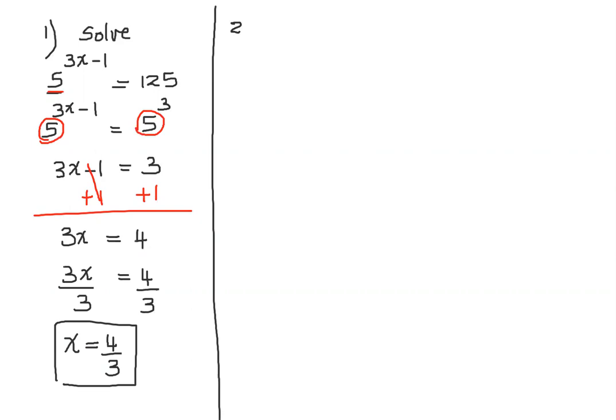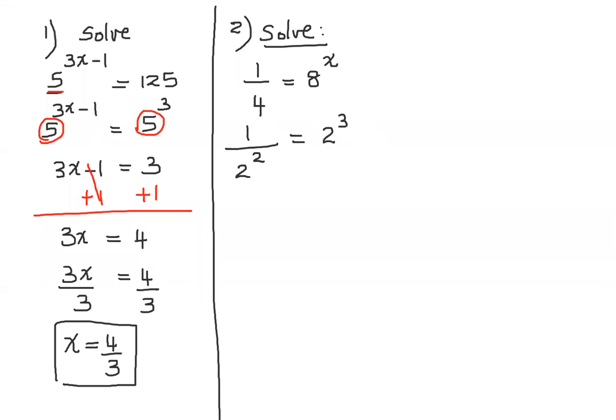Number 2. Solve (1/4) equal to 8 to the power x. When you look at the numbers, you can say 4 is 2 to the power 2 and 8 is 2 to the power 3. Once you practice more problems, you will know the base and how to write them as powers.